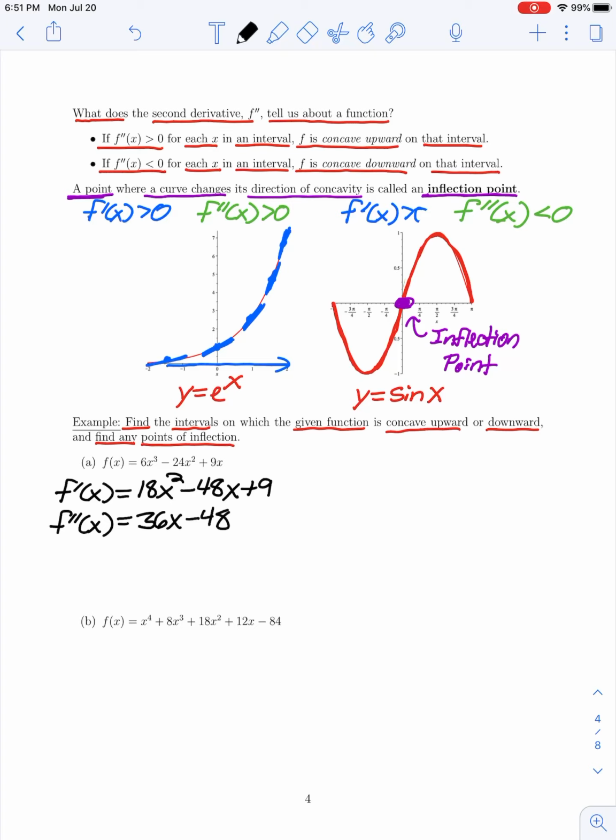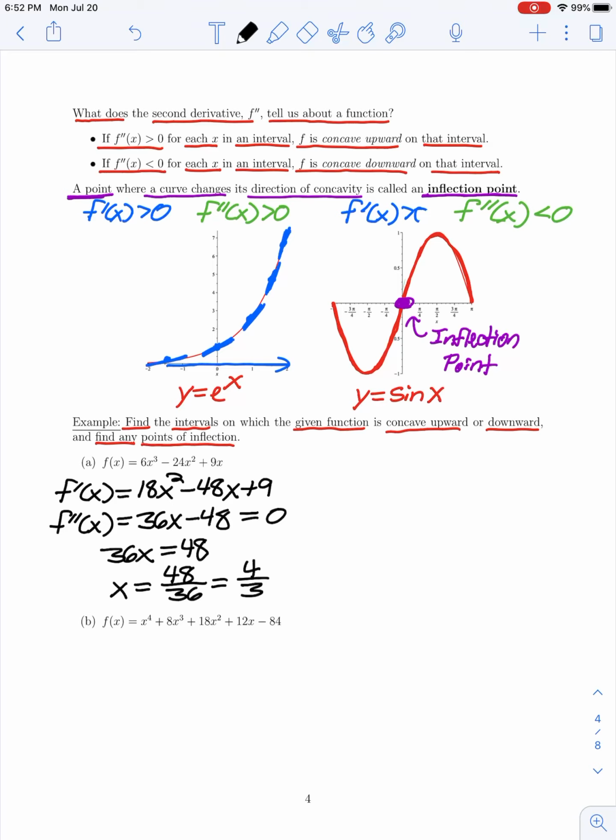So to determine where the second derivative is positive or negative, we first need to determine where it's equal to 0. Where is it neither positive nor negative? So here we have 36x is equal to 48. So x is 48 divided by 36, or dividing top and bottom through by 12, that reduces to 4/3.